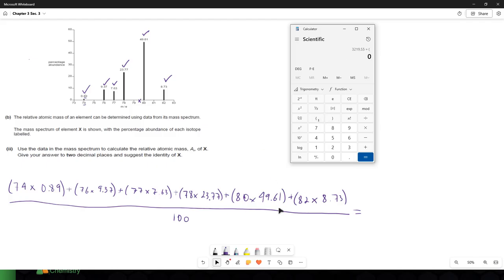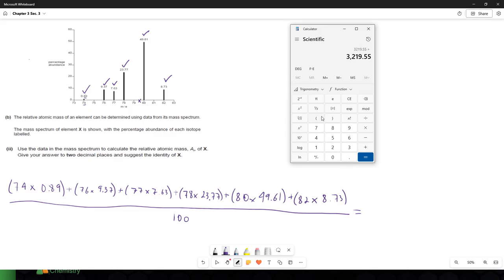Oh, nope, I messed up the calculation there.